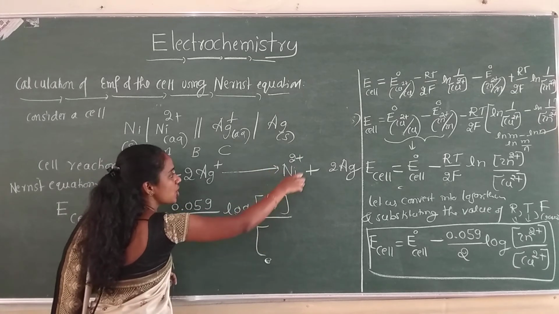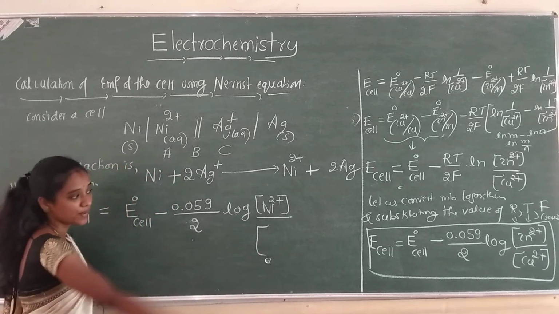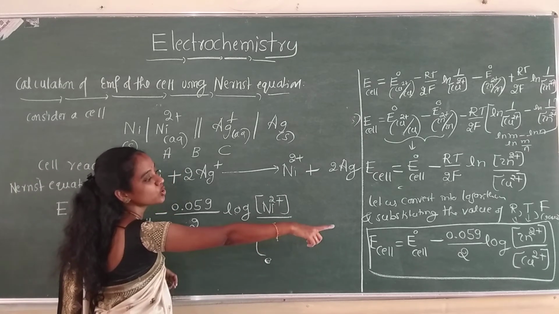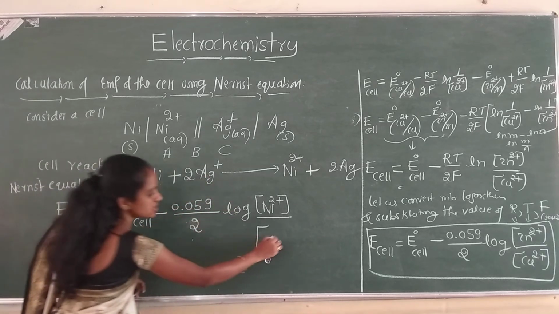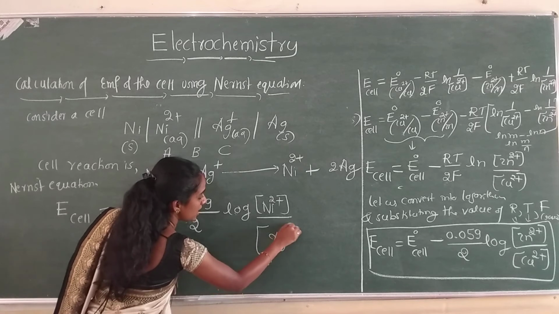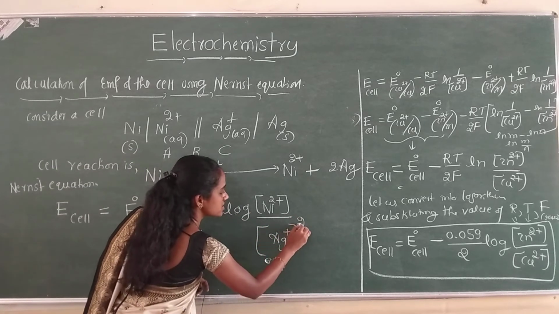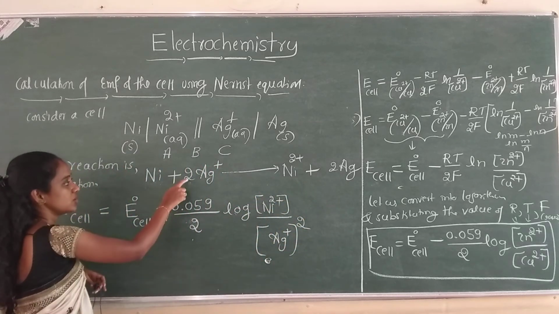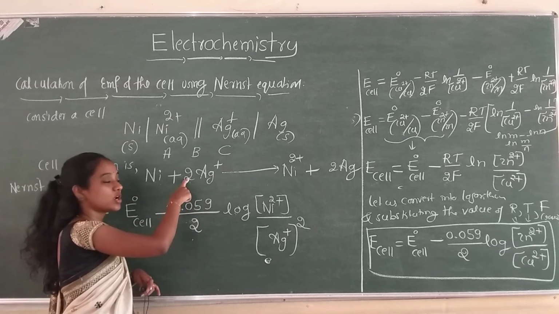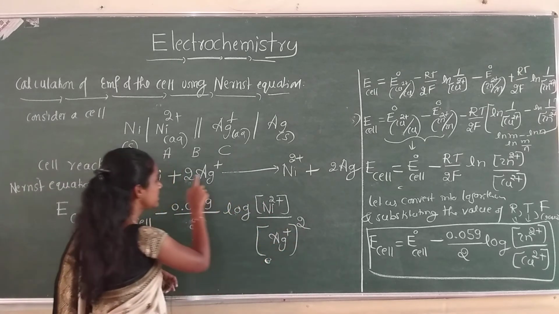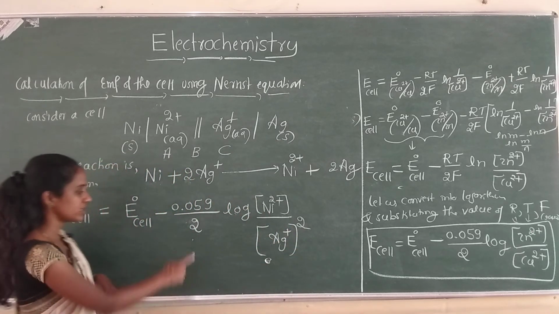So we should write the oxidized form, that is nickel 2 plus. Divided by, as in the Daniell cell we have the Cu2 plus ion, the reduced species, here the concentration of Ag plus. But here a stoichiometric coefficient 2 is there, so we should write its square. If the stoichiometric coefficient is equal to 1, then it is to the power 1. Here it is 2, so we have to write its square. So very important.